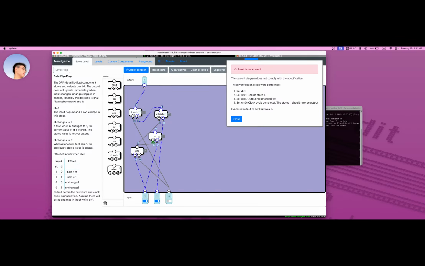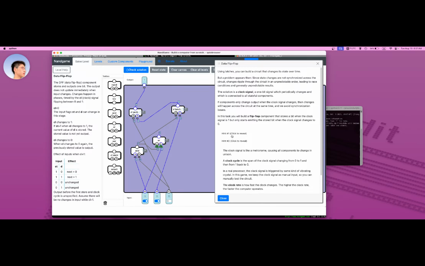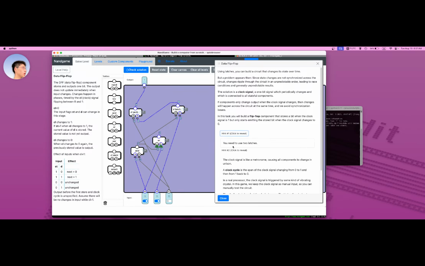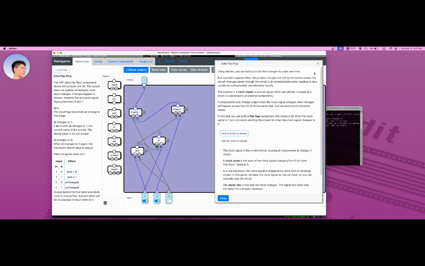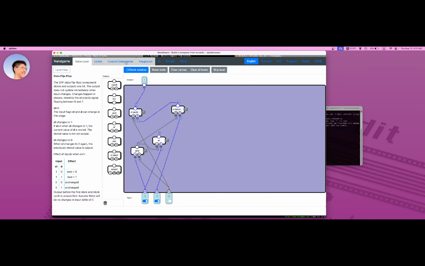Why? Maybe it's incorrect. Let's see a hint. You need to use 2 latches. Yes, 2 latches. Fine. That was enough hint. Clear canvas. Definitely we need to use 2 latches.